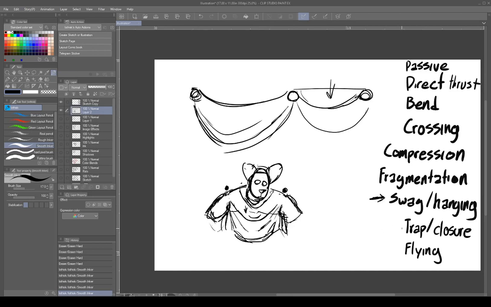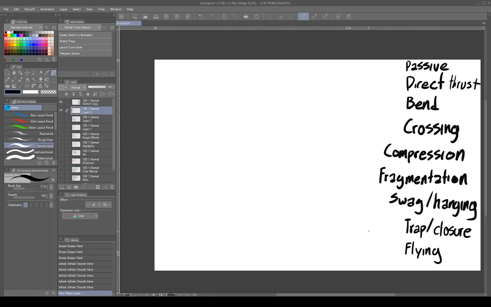This is going to be a difference from the next thing here. So the next thing, we're going to think of trap or closure wrinkles. This is any time where you have multiple competing anchor points, where none of them is dominant, and you're going to have to think.